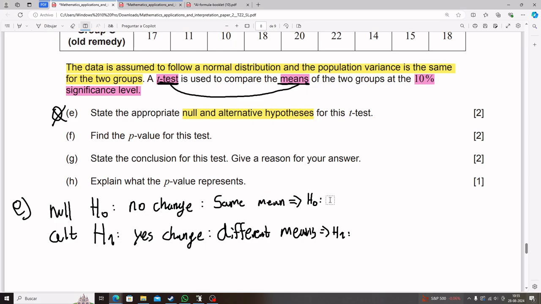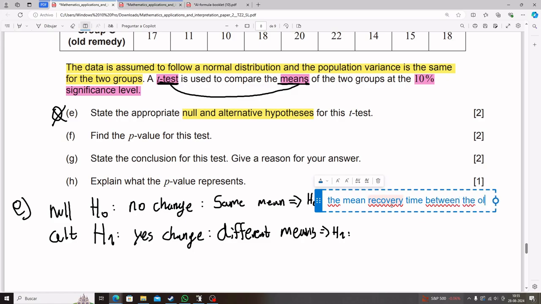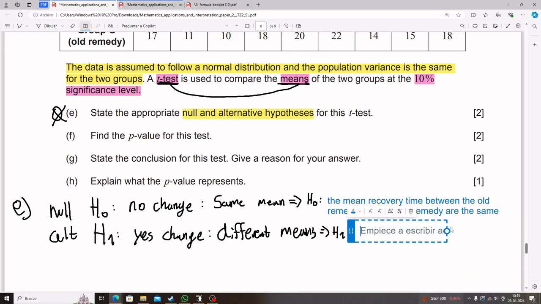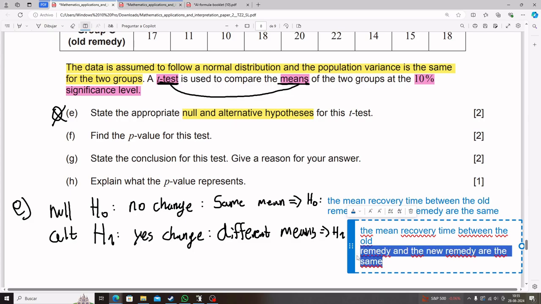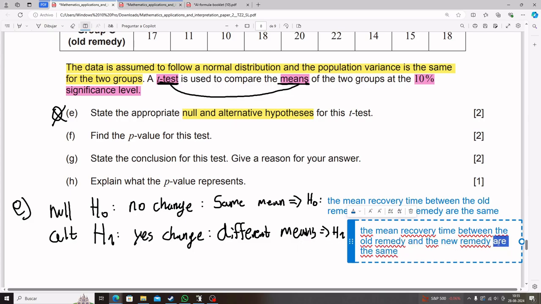You would say for H0 maybe that the mean recovery time between the old remedy and the new remedy are the same. Well, on the other hand, for H1, which is that there is a difference, you would say that the mean recovery time between the old remedy and the new remedy is not the same.